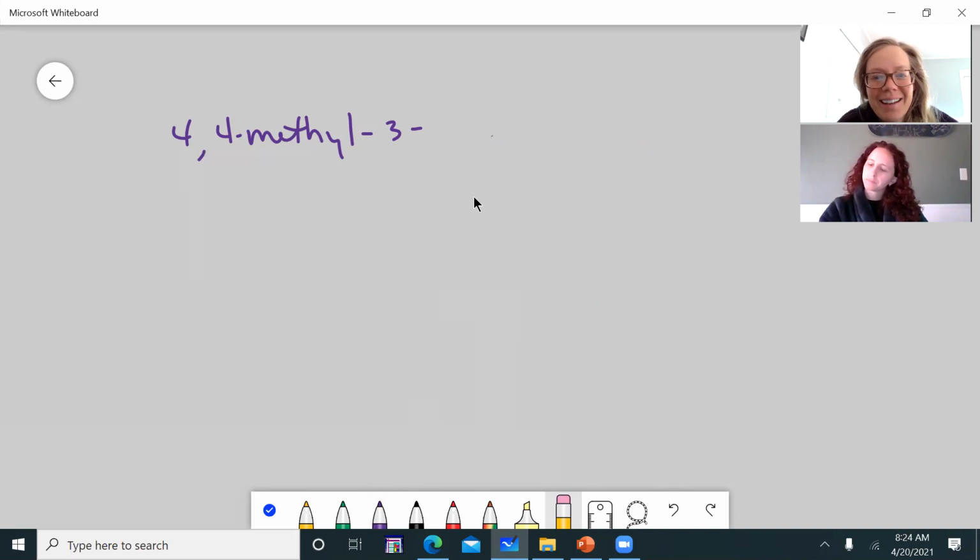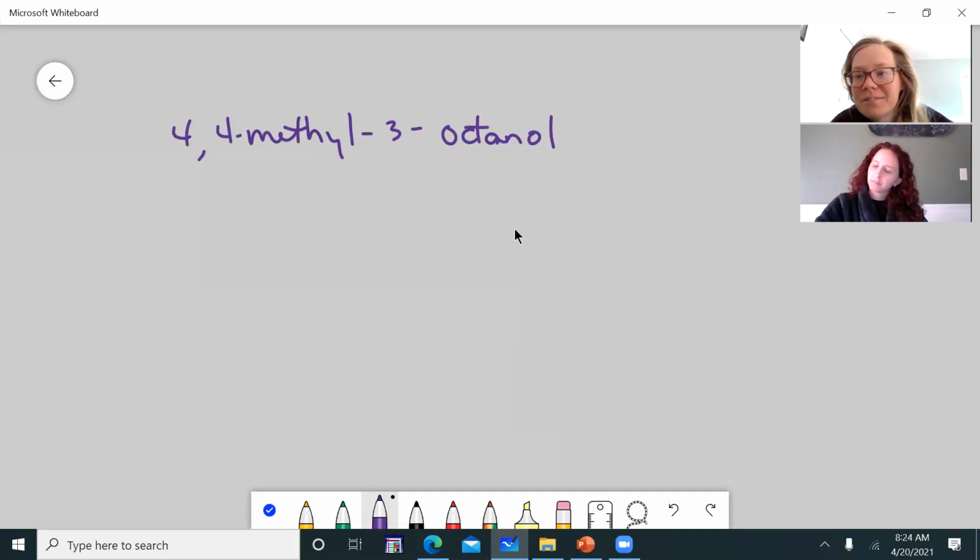Oh, my brain. Let's add a C in there. Octanol. I was looking at that like there are not enough letters in there. There we go. 4,4-methyl-3-octanol. So draw the structure for that. On a test, you're not going to be drawing these things, but you'll be identifying them. So you want to be able to look at the 4 different drawings and pick out which one would make sense for this. So I'll give you a minute or two for this.